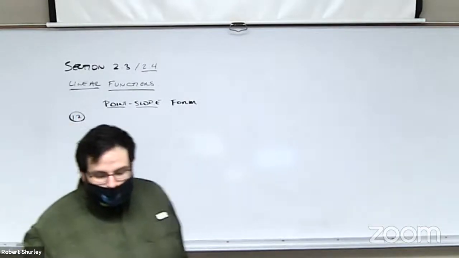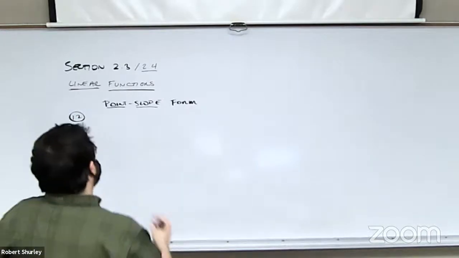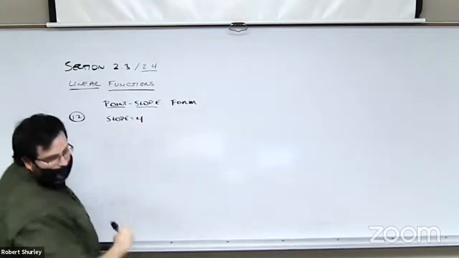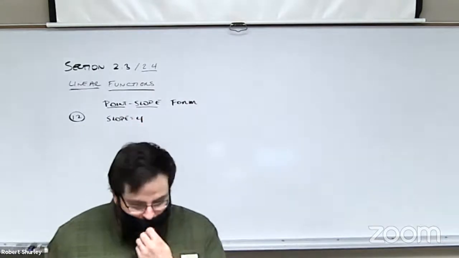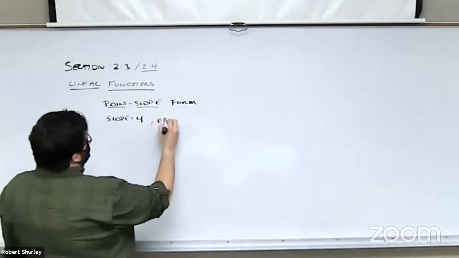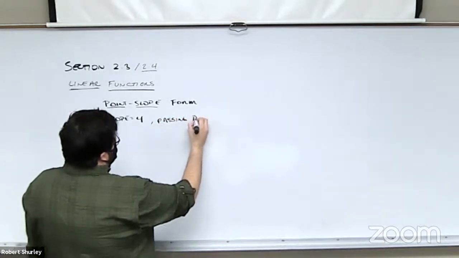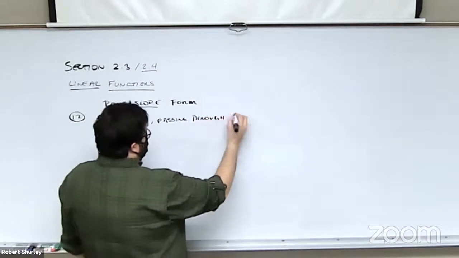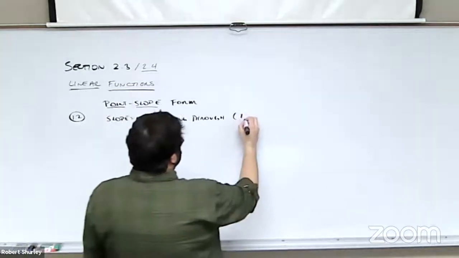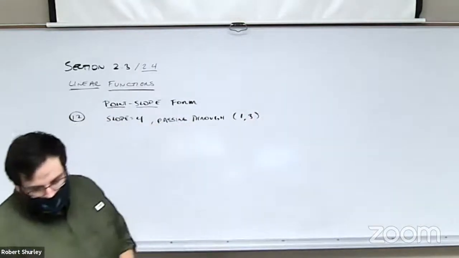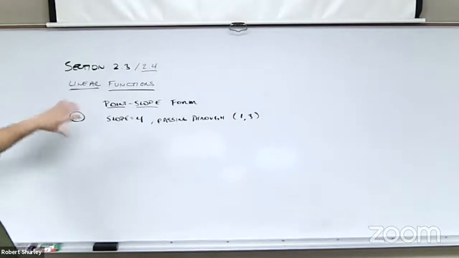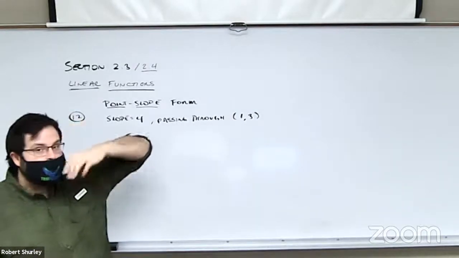So number 12 gives us the slope equals 4, and it passes through 1, 3.